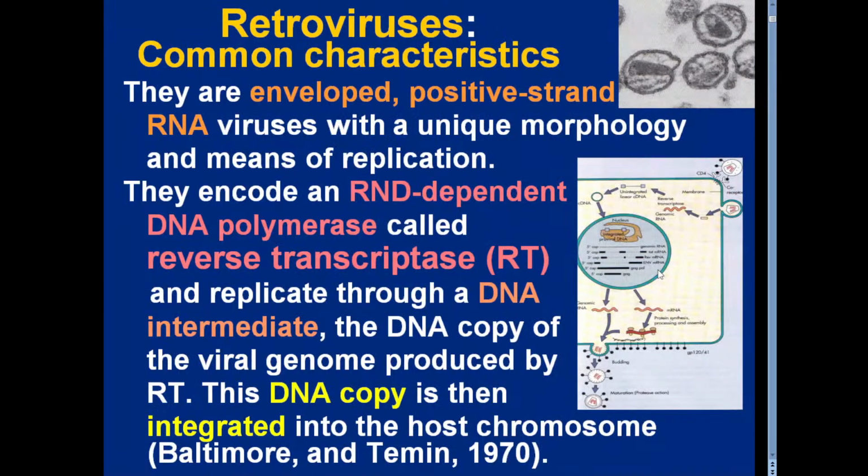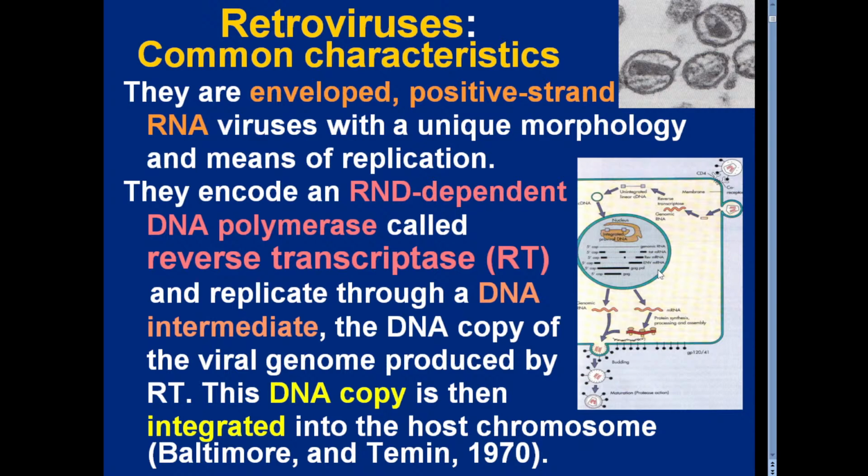But for the beginning, we start from the general characteristic of the family in which these viruses are present. The family is called Retroviridae, retroviruses. In this family are enveloped positive strand RNA viruses with unique morphology and means of replication.